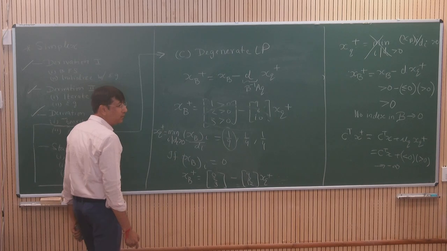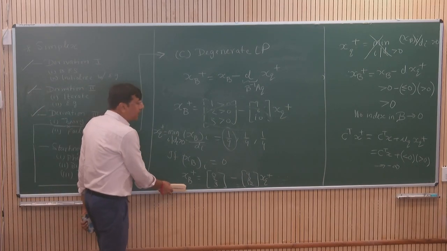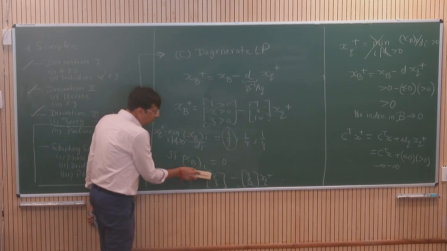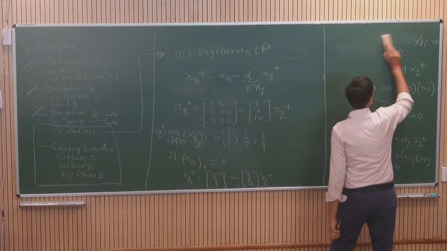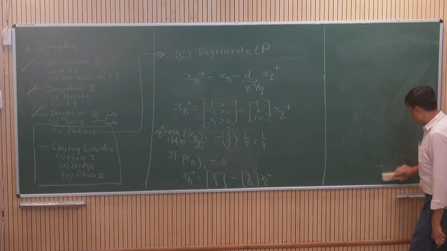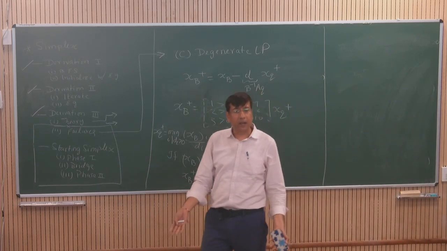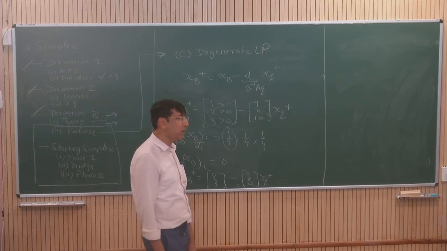Now take the case that one element was actually equal to 0. What happens then in the algorithm? Since B can contain active and inactive both, we assume that it has both inactive and active variables, right? I'm switching between constraints and variables, because the constraints in an LP are x greater than or equal to 0, so it's just the variable that we are looking at, whether it's active or inactive.